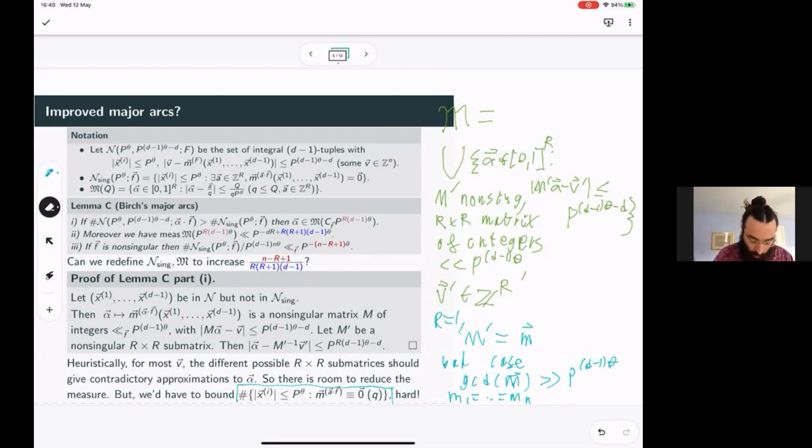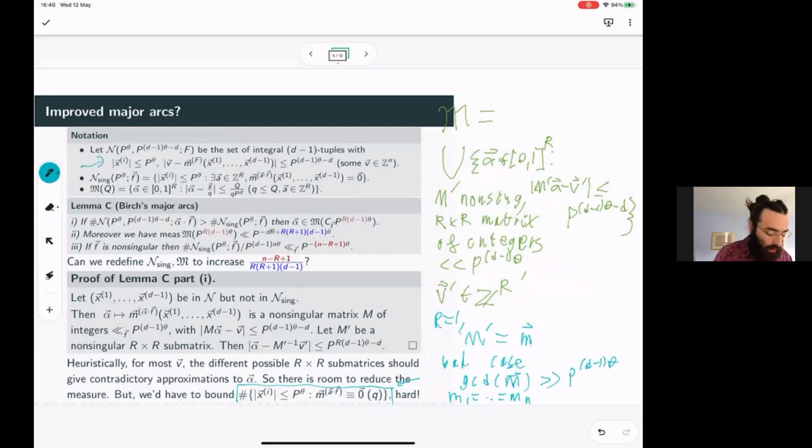When there are more forms, when capital R is larger, the equivalent main term, I think, comes from this set that I've written at the bottom here.